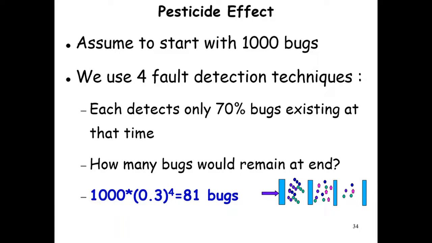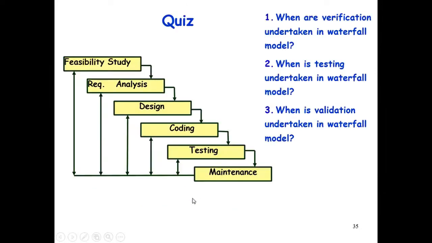If we use 4 fault detection techniques, 70% of the existing bugs are found, but the 30% will not be found. So the 30% gets propagated to the next technique. This is the formula to find the number of remaining bugs: 1000 into 0.3 to the power 4 is equal to 81 bugs, the final answer.